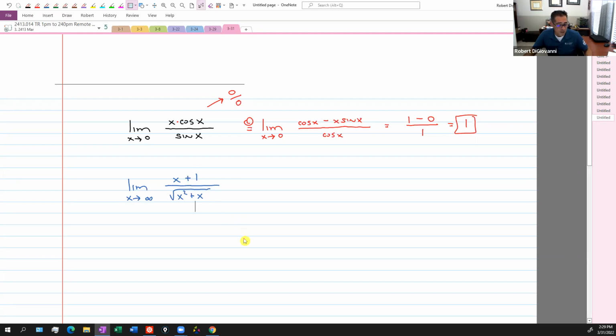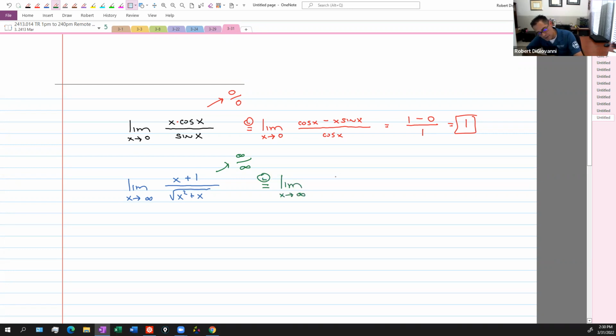As x goes to infinity, you get infinity on top, infinity on the bottom. So here you come with your L'Hopital machete, ready to go after it. You're all happy, singing in the shower.